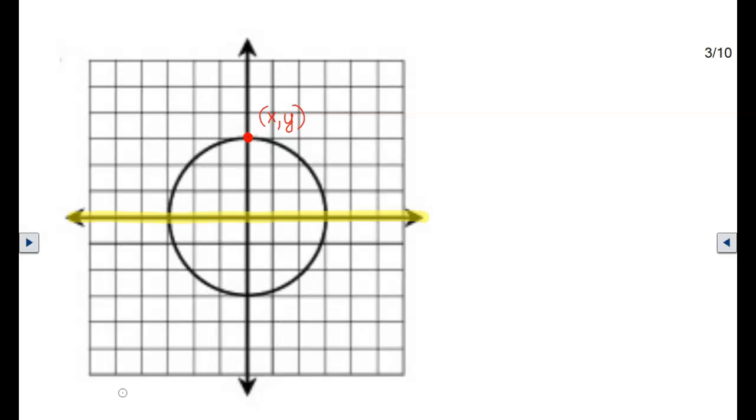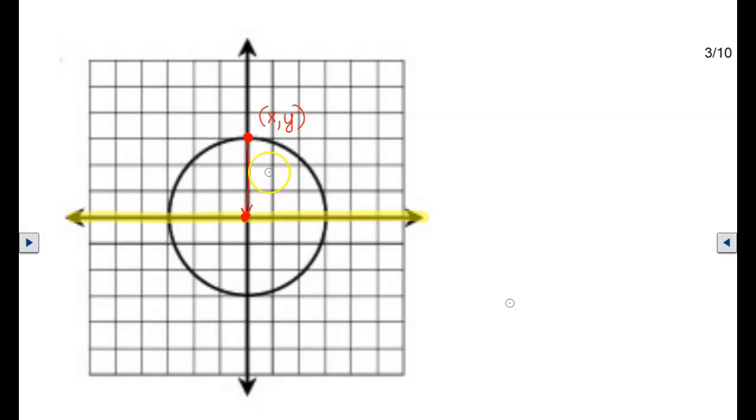The x-coordinate of that point is a part of the domain for this graph. So I'm going to pick this point and trace it back to the x-axis. I'm going to start at this point right here, go straight down and see where I would land on the x-axis. And what you see is that you would land here at 0. So that means that the number 0 is in the domain for this graph.